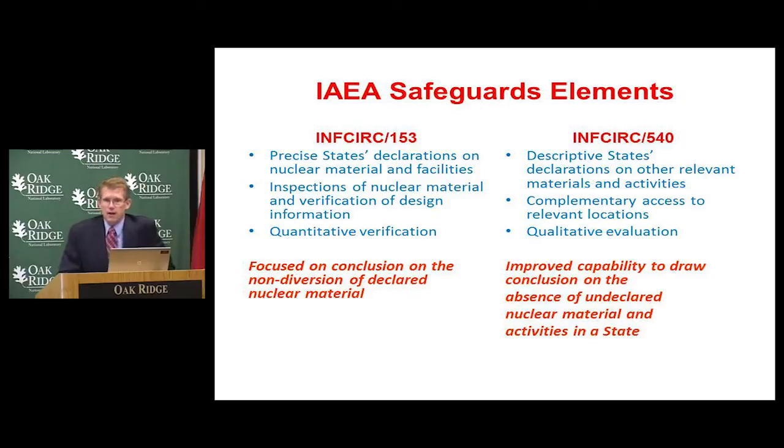So this would include activities such as a country's 10-year plan as far as, are they planning to go nuclear, are they planning to add more power reactors, are they planning to add a different type of power reactor, are they going to undertake an enrichment program, are they going to start a reprocessing program. It gives the agency a heads up as to what is coming down the road in terms of the national plans.